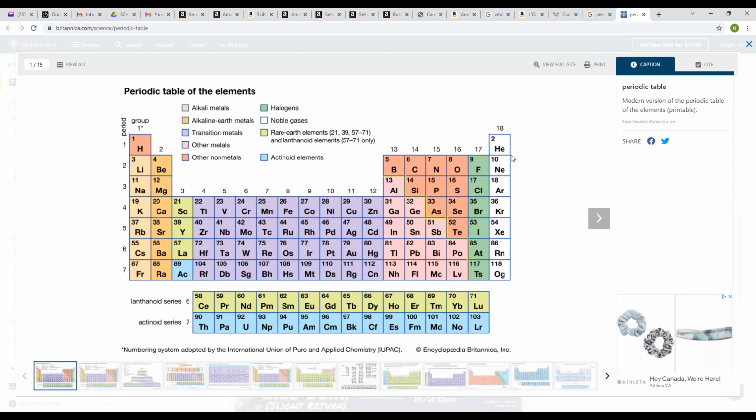What type of elements are these? There's a special name for them. They are the noble gases. The answer is actually right here. And what does it mean that they're noble gases? What does that tell us?